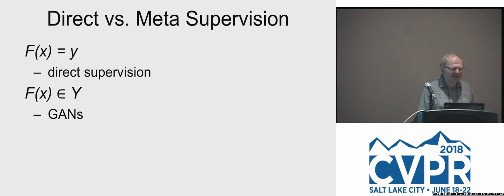So your standard discriminative loss basically says, I want f of x to be in the set y, in the domain y. I'm not going to tell you what it should be. I just want it to be in the domain of correct solutions, right? You get much more freedom, and because you get much more freedom, you need to work harder, okay?